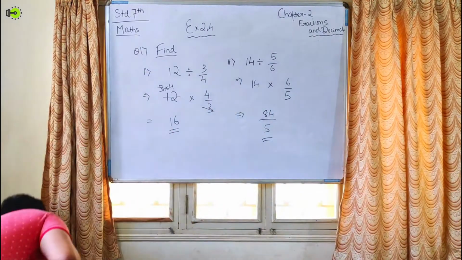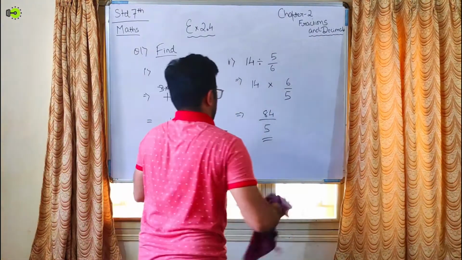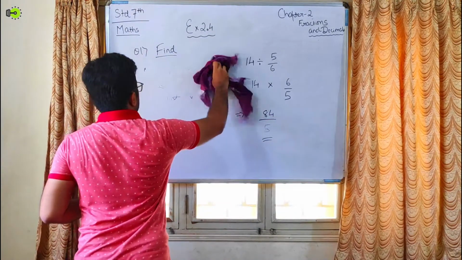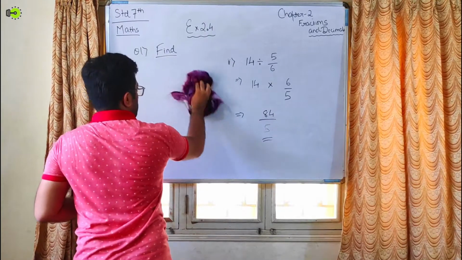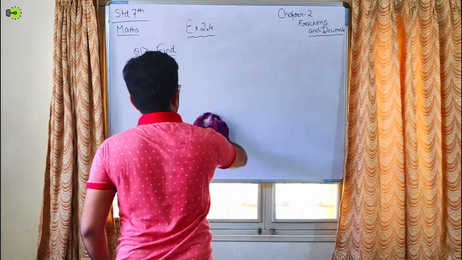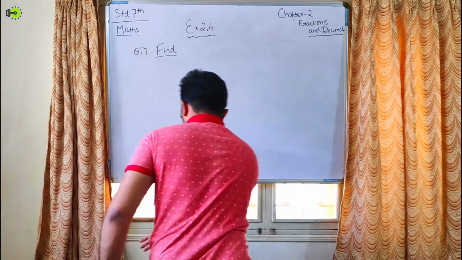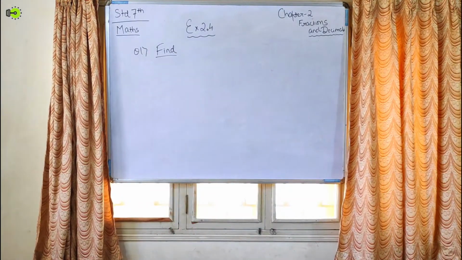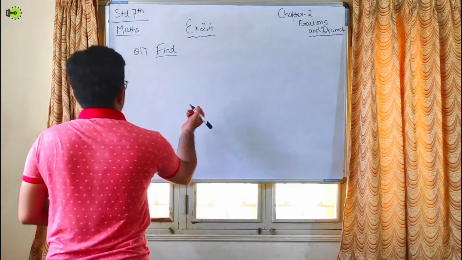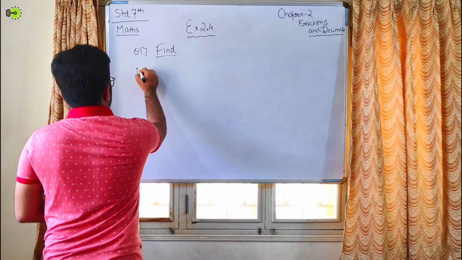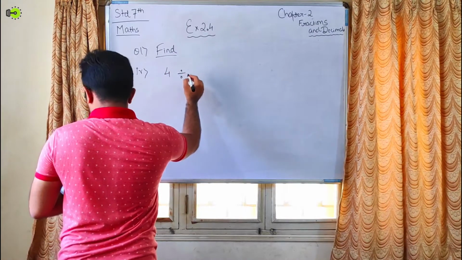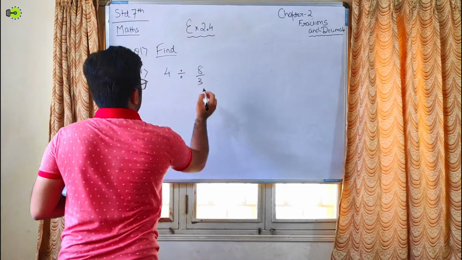Let me rub it out so I can make calculations regarding the other sums. Similarly, the fourth one, that is 4 divided by 8 upon 3.